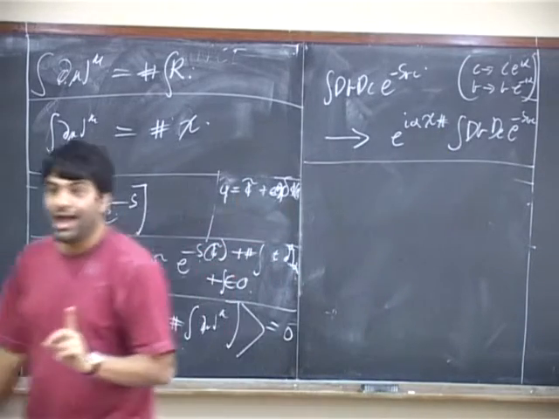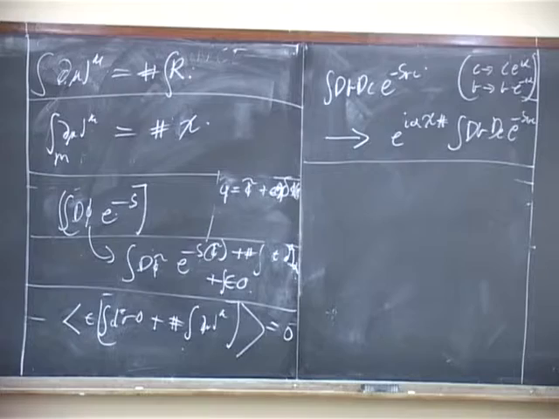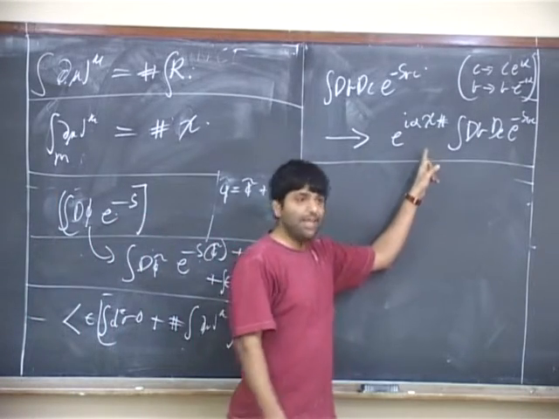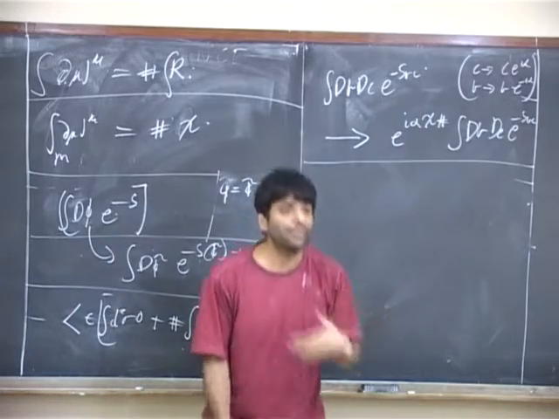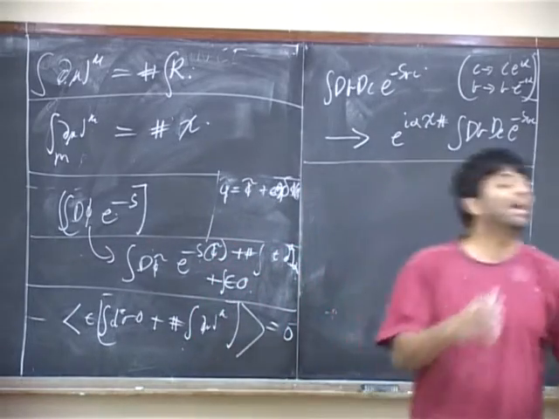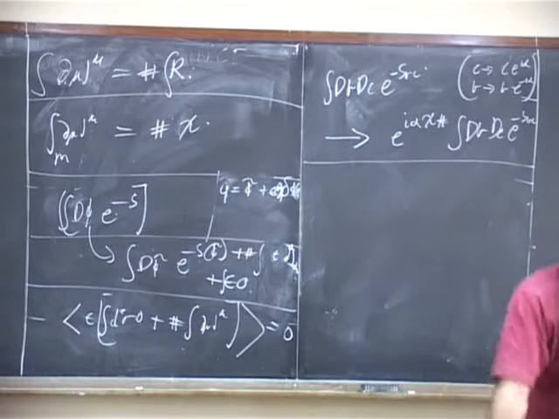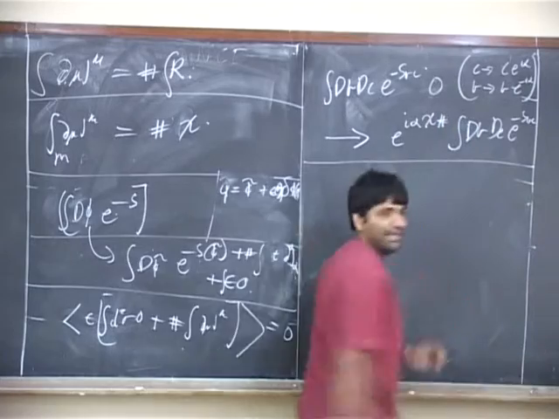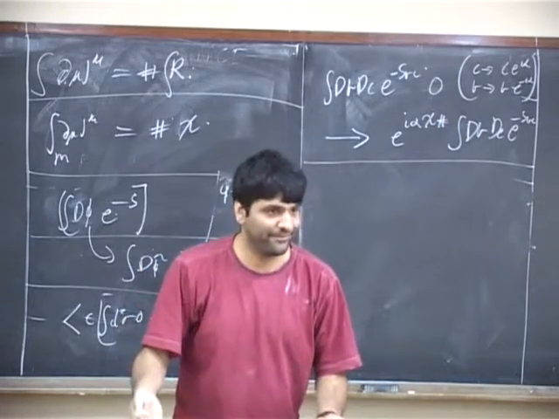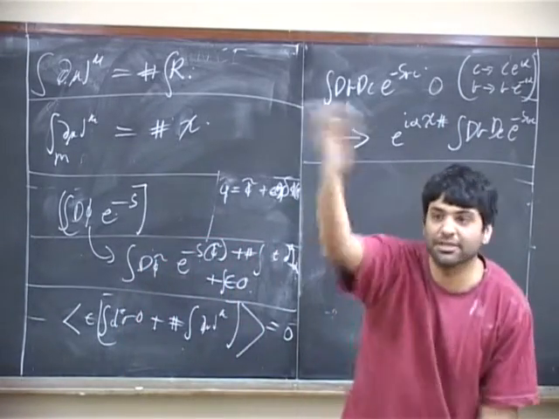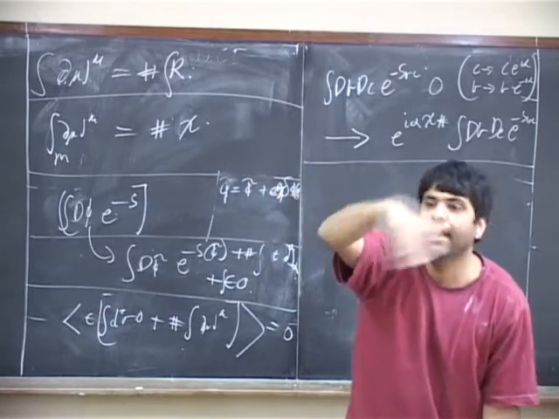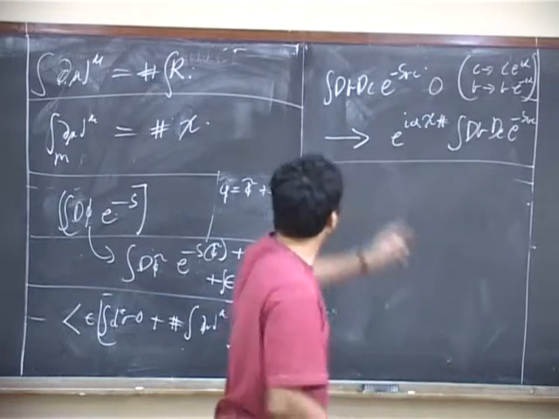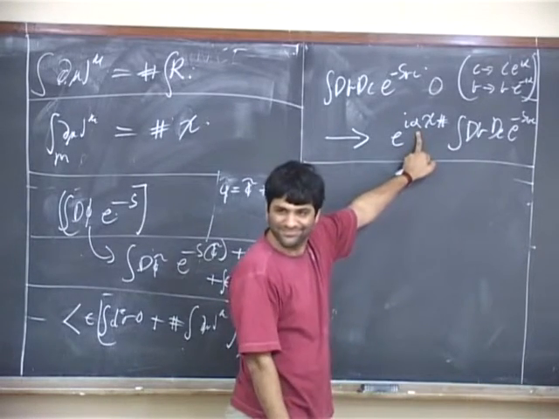How can we get around this conundrum? This argument also tells us that the only path integrals of this form that are non-zero are those with insertions of C and B. You must have an operator inserted here such that its charge, under C going to C times e to the power i alpha and B going to B times e to the power minus i alpha, cancels this variation.